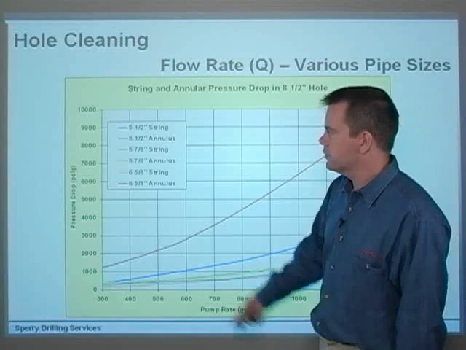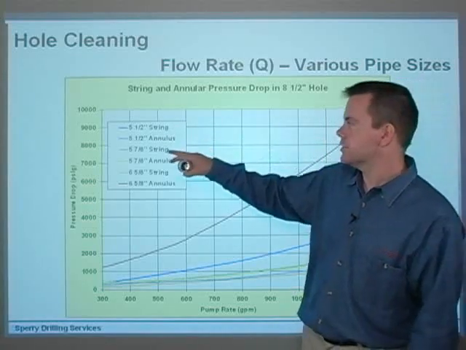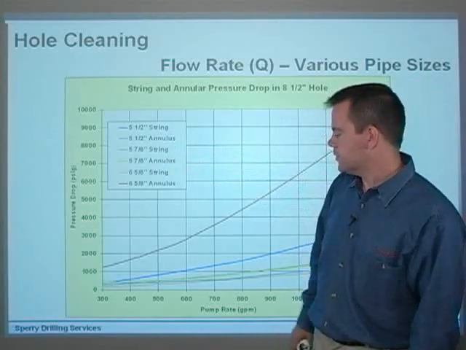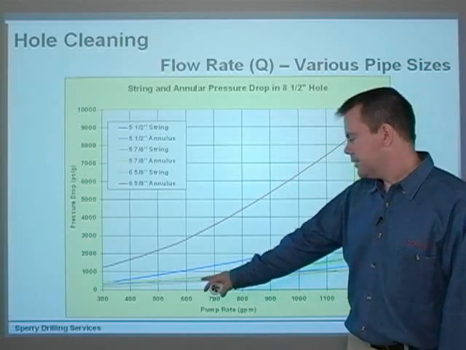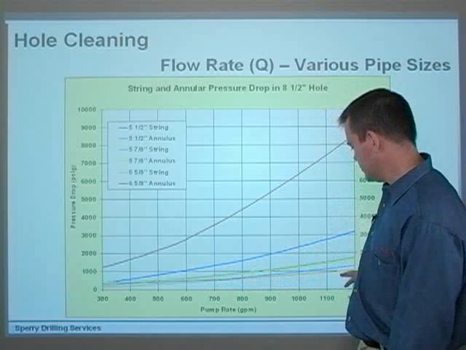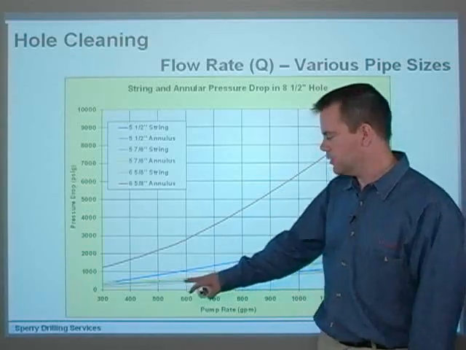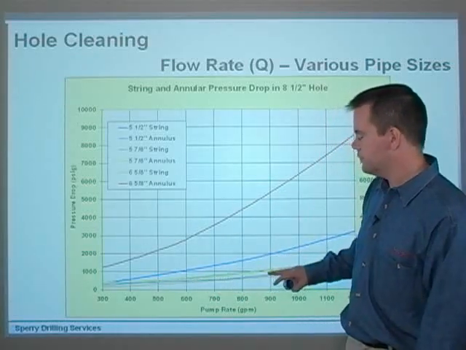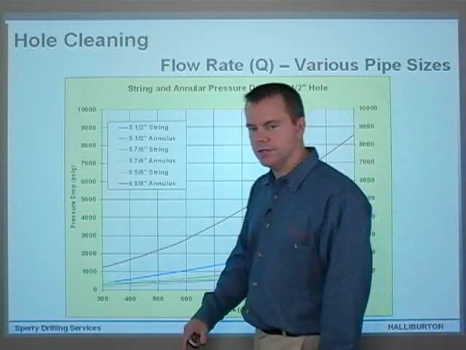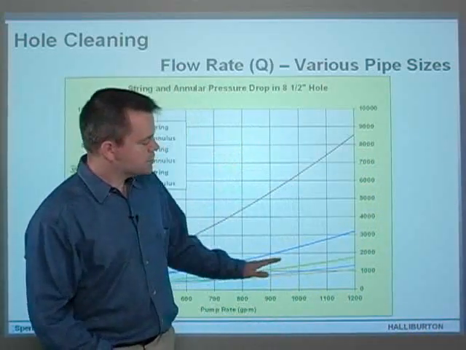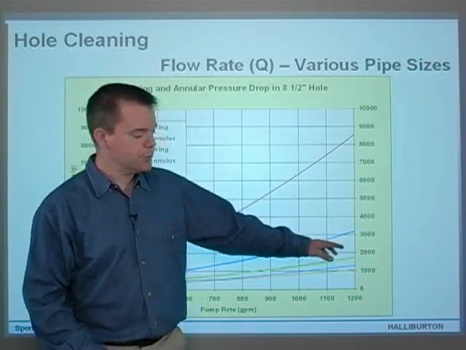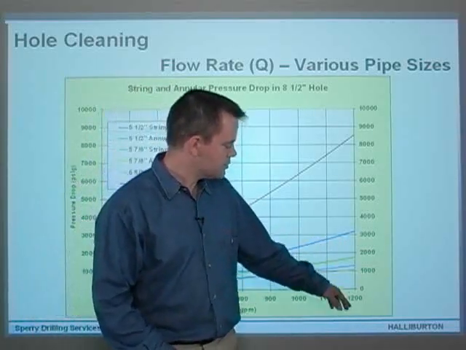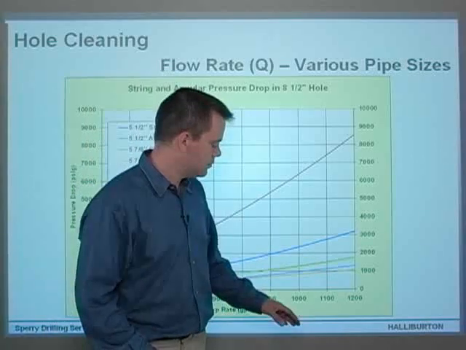If you look at the other common increase in pipe size, you've got 5.5-inch pipe. Now the 5.5-inch annular pressure is nice and low down here, this light blue line down here. The 5.5-inch string pressure is reasonably high. So you're going to have an increase in standpipe pressure here at 1,200 gallons per minute, which is pretty high for 8.5-inch hole, I must admit.